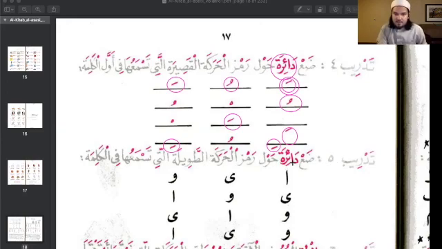ضع دائرة حول الرمز الحركة الطويلة التي تسمعها في الكلمة. They didn't give any words like that. سرير.